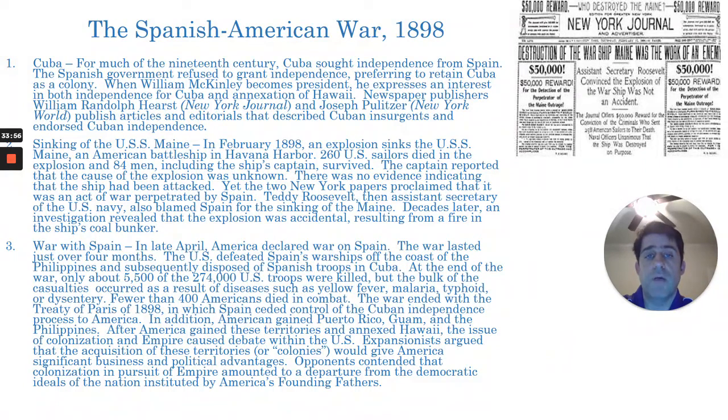Several of the most powerful newspaper publishers in America at this time, William Randolph Hearst, whose flagship paper was the New York Journal, and Joseph Pulitzer, whose flagship paper was the New York World, published numerous articles and editorials in their respective newspapers describing the activities of Cuban insurgents and expressing an endorsement of Cuban independence.